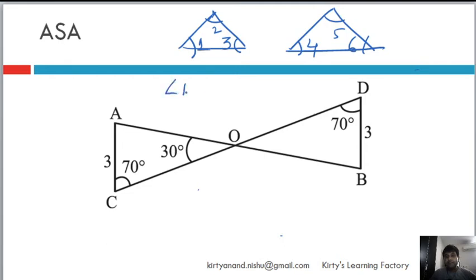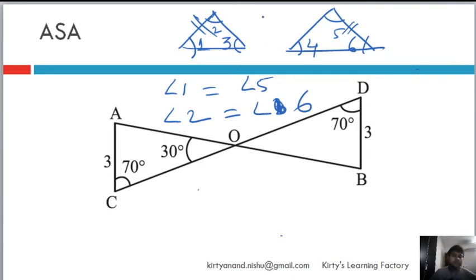If angle 1 is equal to angle 5, for example, and angle 2 is equal to angle 6, for example, then between 1 and 2, this is the side, and between 5 and 6, this is the side. So this side will have to be equal to this side. Then these two triangles will be congruent.